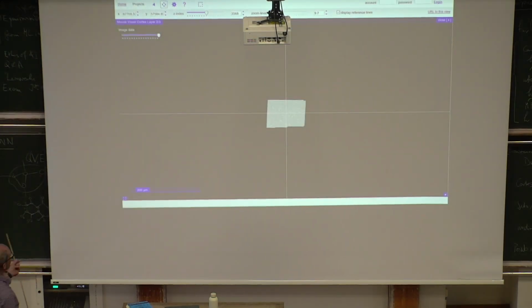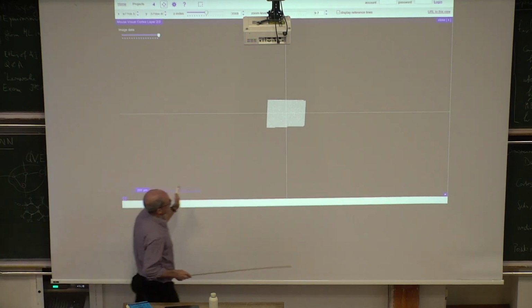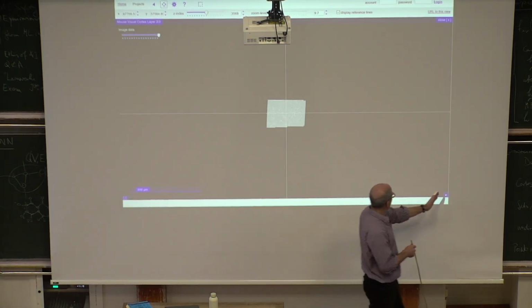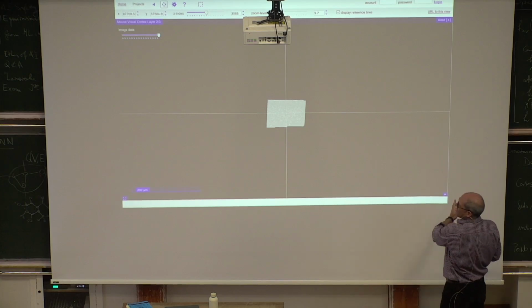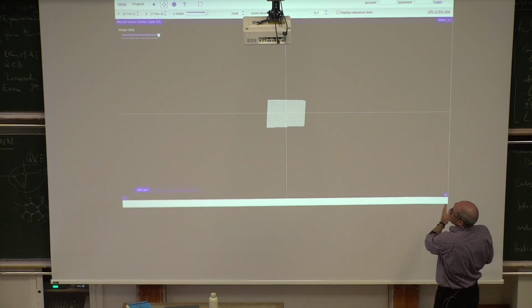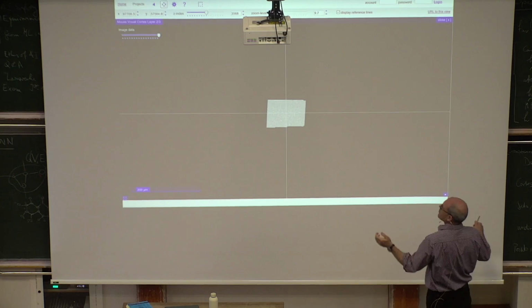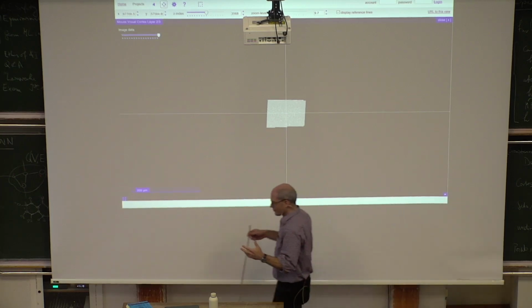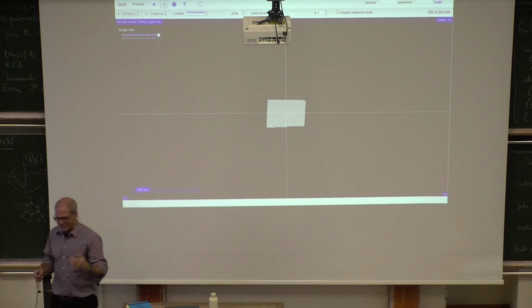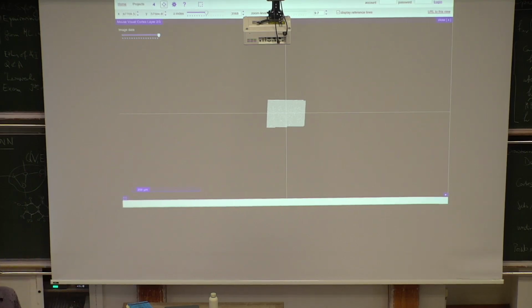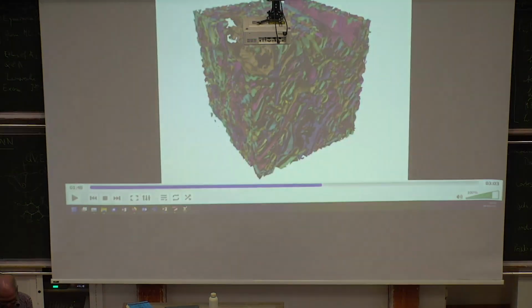And by the way, this is around 1 millimeter, and the size of a mouse brain is several millimeters cubed. So doing the whole brain at this resolution for the smallest mammalian brain that we can find is a major endeavor.